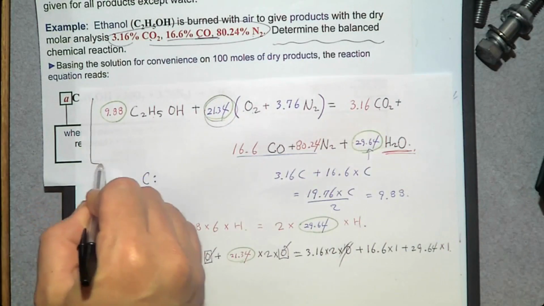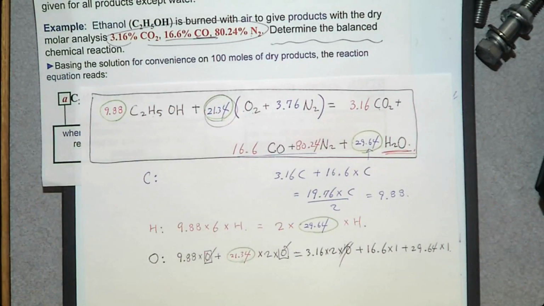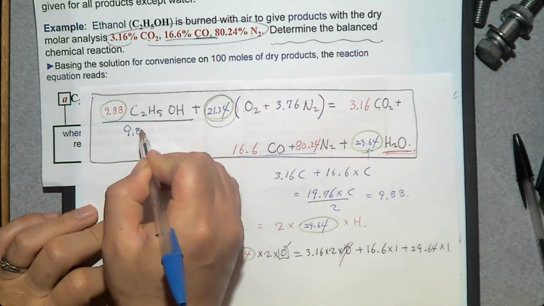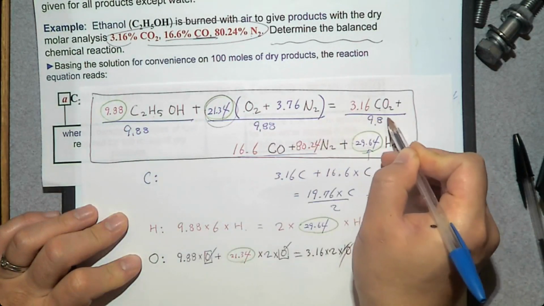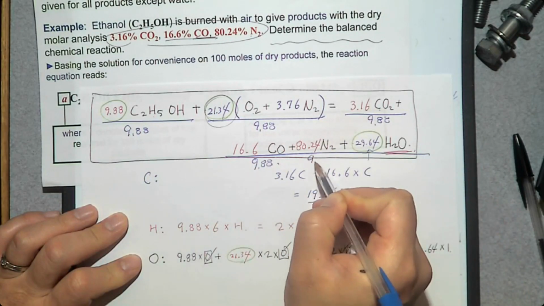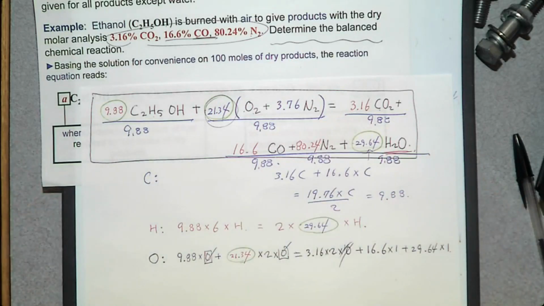Once you determine this balanced reaction equation, it is for 9.88 kilomoles of ethanol. So you need to divide everything by 9.88. Then we can determine the balanced reaction equation for 1 mole of ethanol.